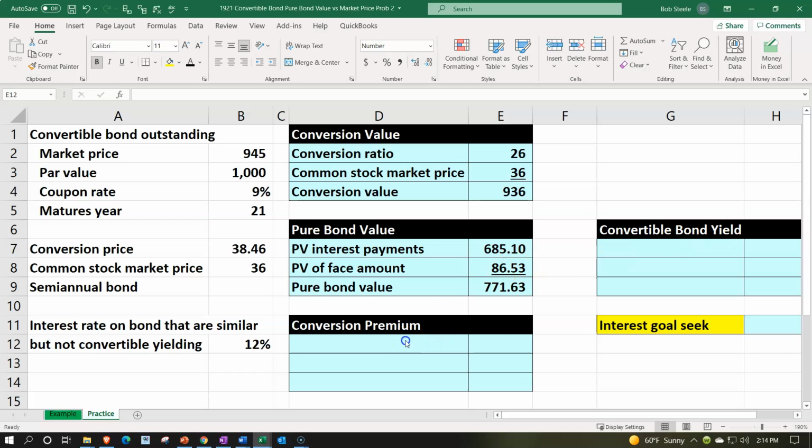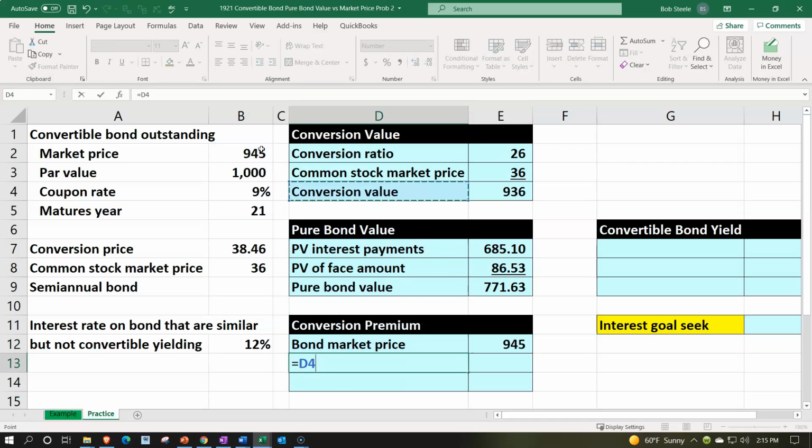We can say, well, let's look at the conversion premium, which looks at the side as if we were to convert these things to common stock compared to the price, right? So we're going to say, all right, well, what's the bond market price? Let's call it the bond market price is going to be equal to, they're selling for the $9.45. If we were to convert these things to stocks, we know what the stock is currently selling for, which we're saying is the $9.36.